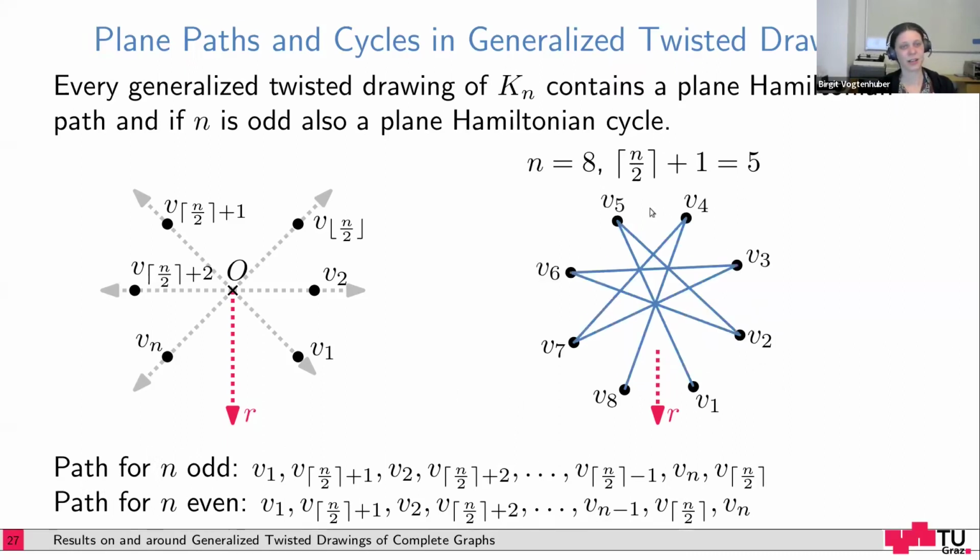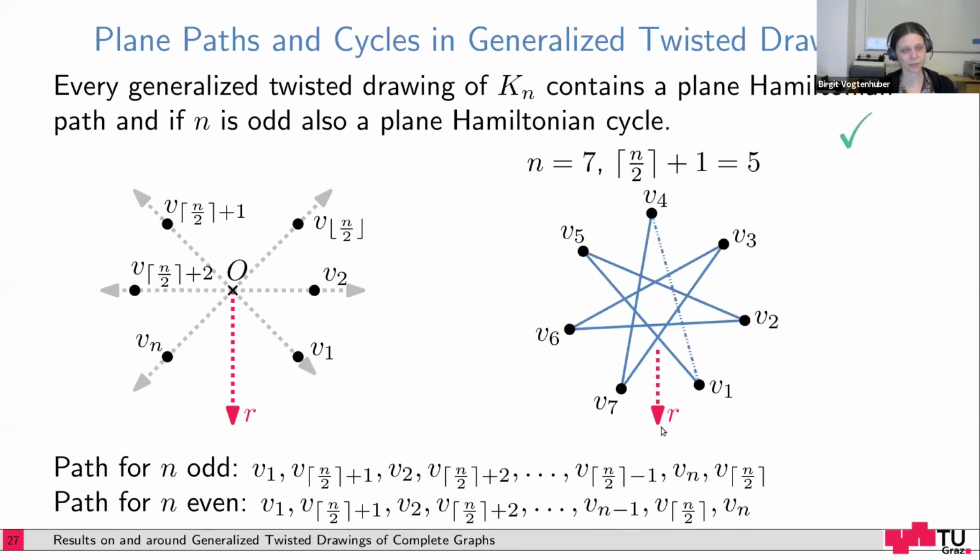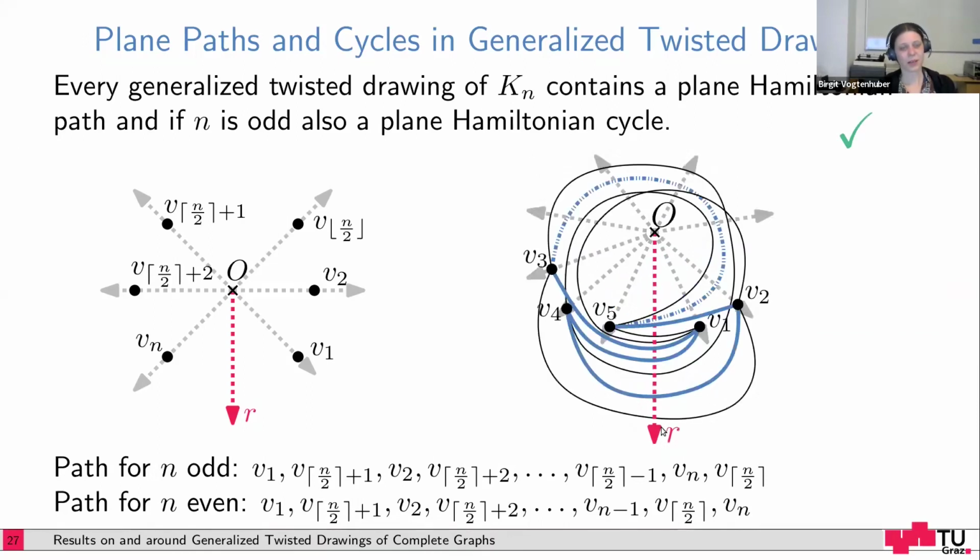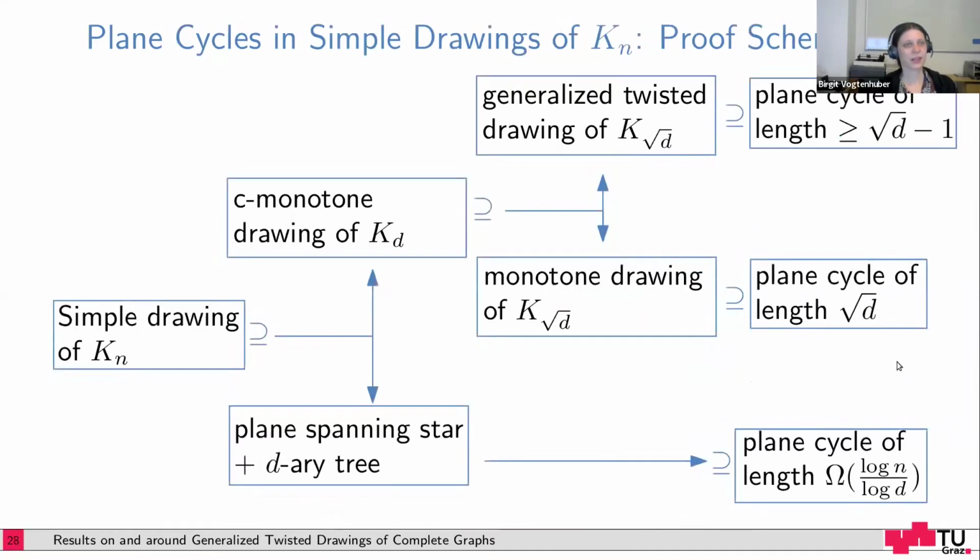And for even n, we get a crossing family of that type, so pairwise crossing edges that form a path. And here the closing edge doesn't cross the rest, so we can't say anything about the cycle by this simple argument. And that would be the drawing for Kn.